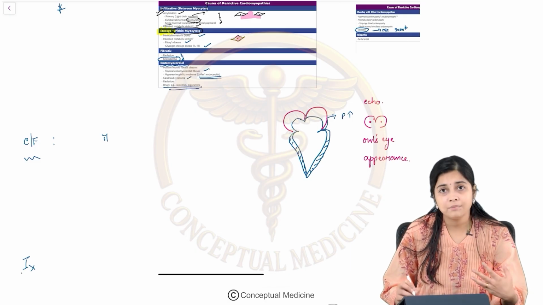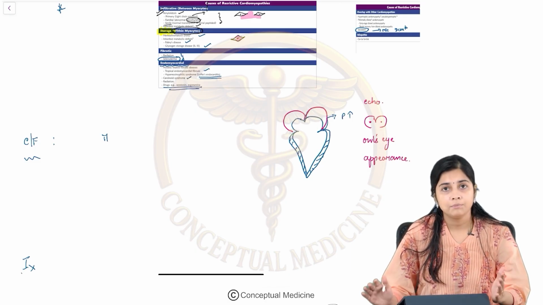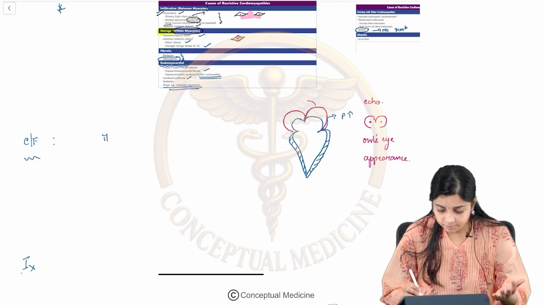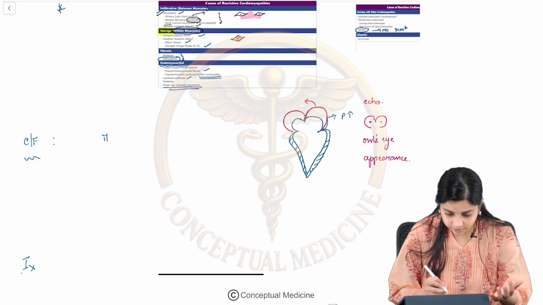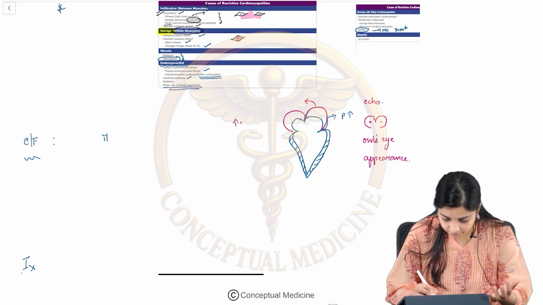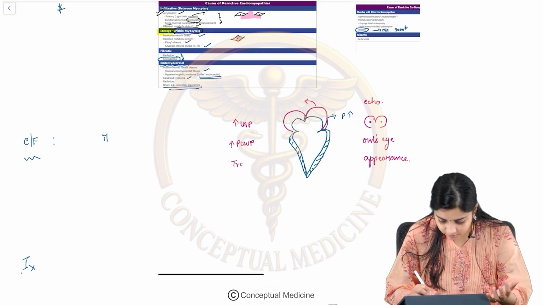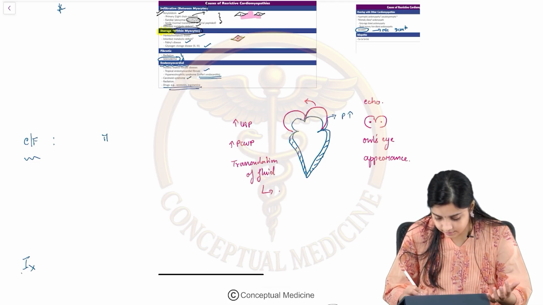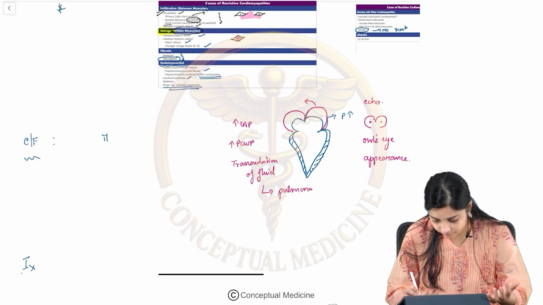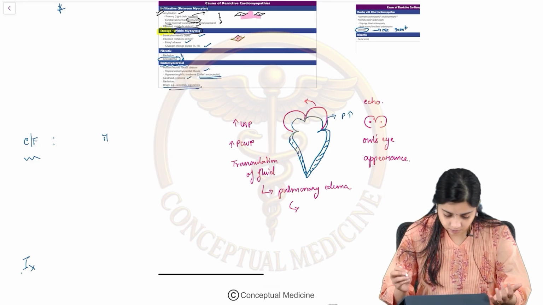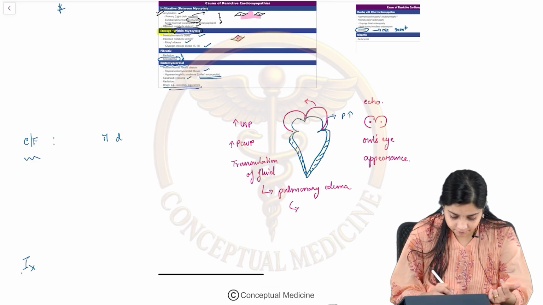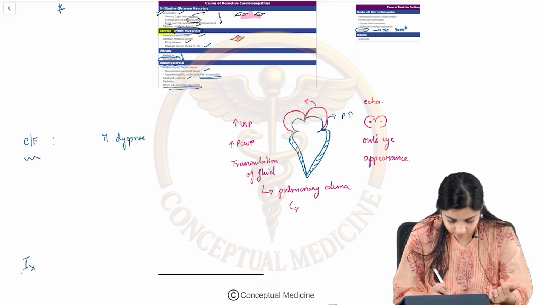Okay. So what happens if the atria stretch beyond a particular capacity? There will be backward pressure, right? So there is increased left atrial pressure, which causes increased pulmonary capillary wedge pressure. There will be transudation of the fluid, and finally this results in pulmonary edema. And so what is the first symptom that they can present with? They can present with dyspnea.